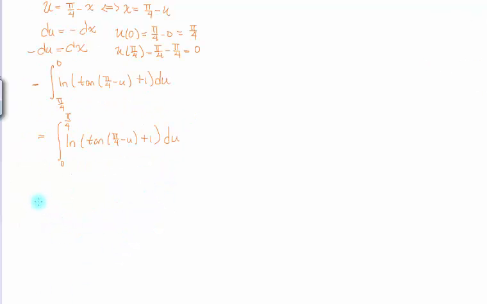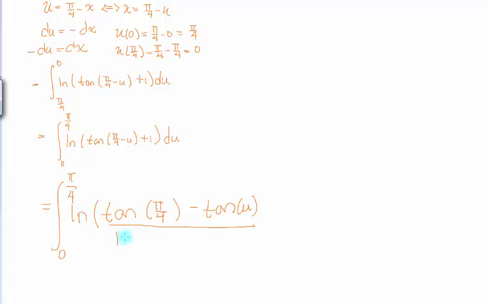So now this becomes, from 0 to pi over 4 of ln of tangent of pi over 4 minus tangent of u, divided by 1 plus tangent of pi over 4 times tangent of u, plus 1 du.